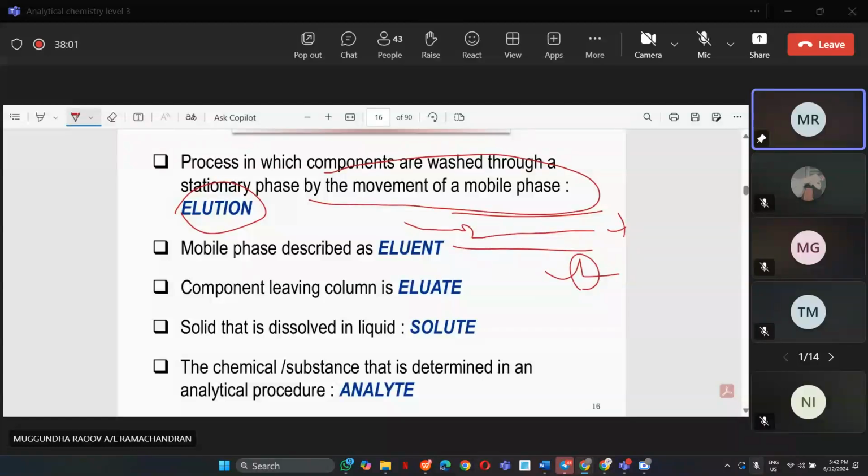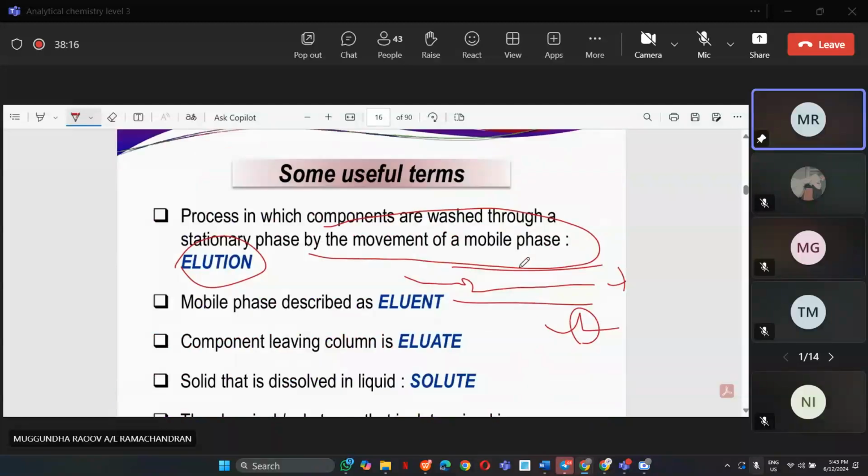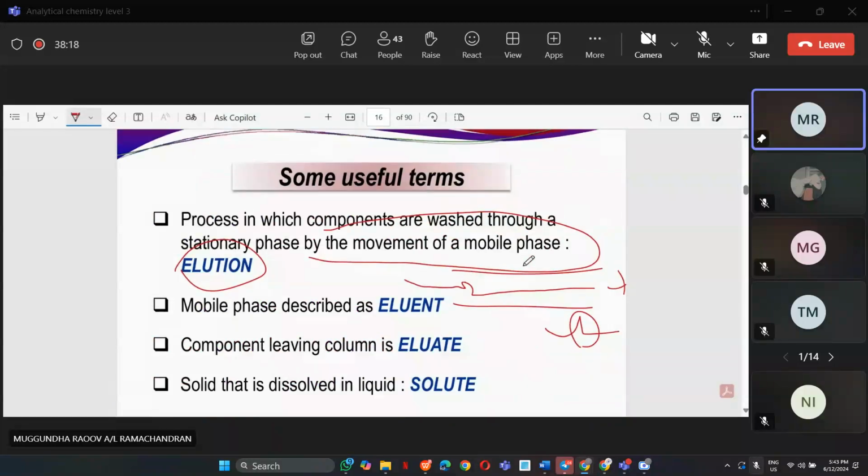So we say elution. In this case, A elutes first compared to B. So B has a stronger interaction with the stationary phase. So elution is the washing. We won't say washout, which might be too technical, but in scientific terms, class, we call that elution.